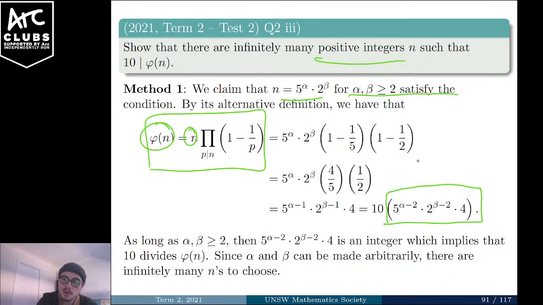Because if alpha is equal to, let me say 0, oh, that was a messy 0, right? Then 5 to the power is negative 2, so that's 1 on 25. We're not in a good place. But as long as we say alpha and beta are 2, or if they're greater than 2, then we get something that works. Cool, so therefore, because there's infinitely many numbers greater than 2, we found infinitely many positive solutions, such that 10 divides the phi function of n.